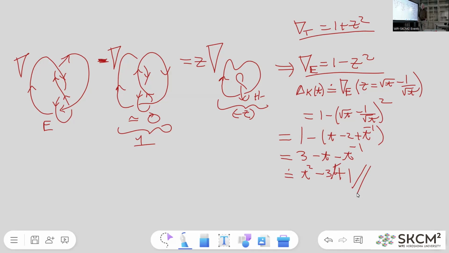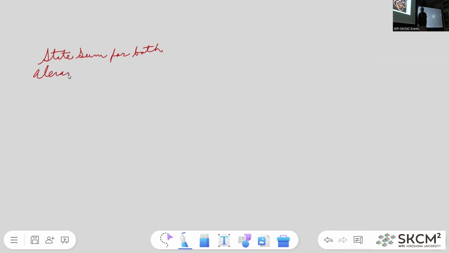Let's see how much time we have, because I had in mind possibly to spend a little more time on Alexander now. I said that Alexander had a state sum, and I'm going to show you the state sum. Big sum for both Alexander and Conway.